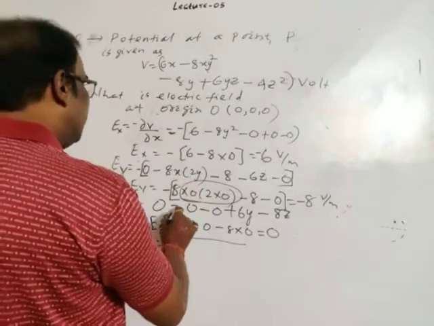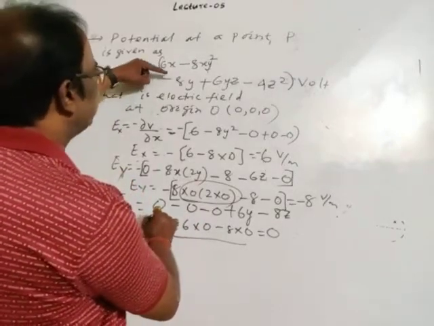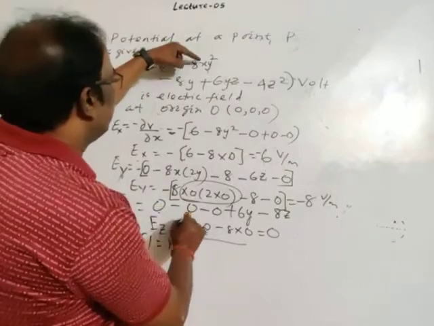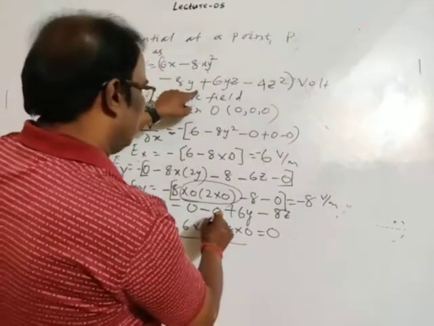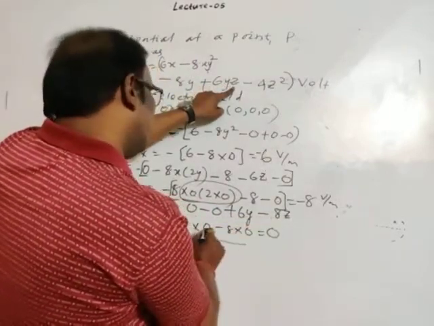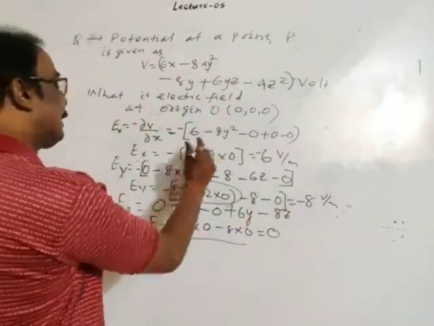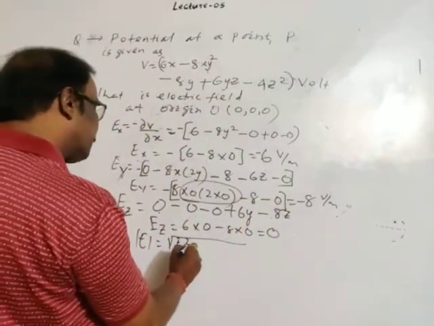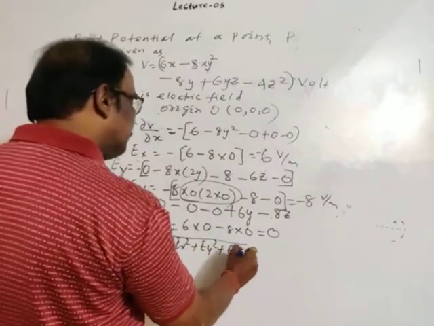Then this is Ez. 6x 0, 8xy square 0, 8y 0, 6y, 8z, y is 0, z is 0, thus it is 0. So, magnitude of electric field means Ex square plus Ey square plus Ez square.